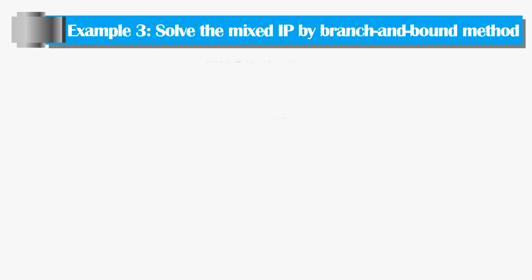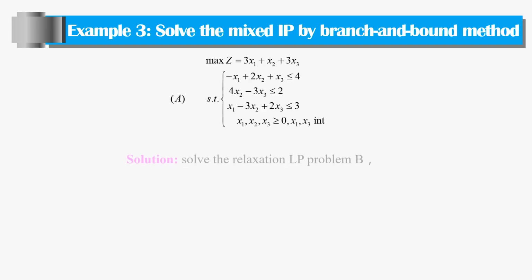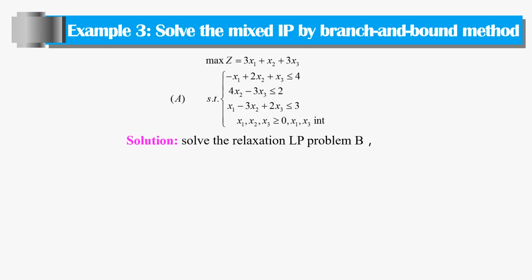Now we introduce example 3, solving a mixed IP by the branch and bound method. In this model, there are 3 decision variables. x1 and x3 need to be integers, and x2 is not an integer. So this is a mixed IP program.